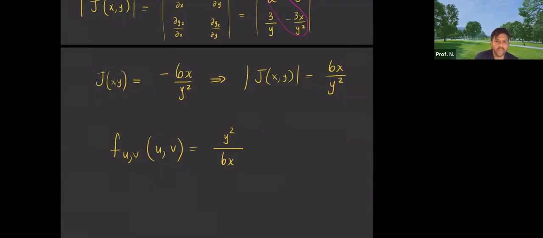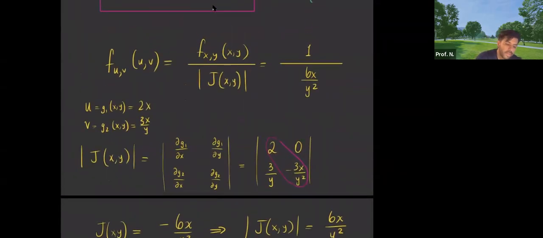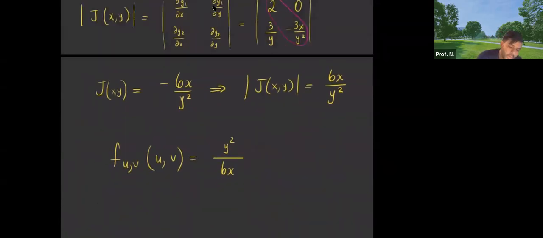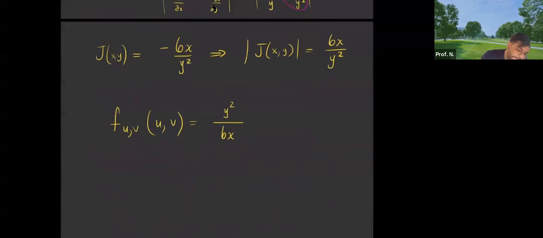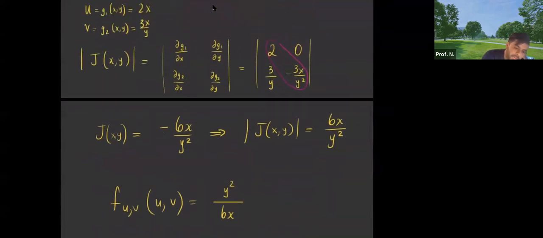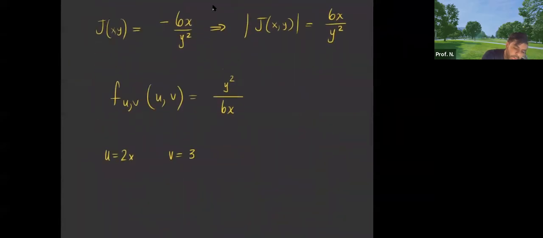How do I solve for x and y in terms of u and v? We substitute, okay. So we have u equals 2x, and v is equal to 3x over y. I want to get x and y by themselves.